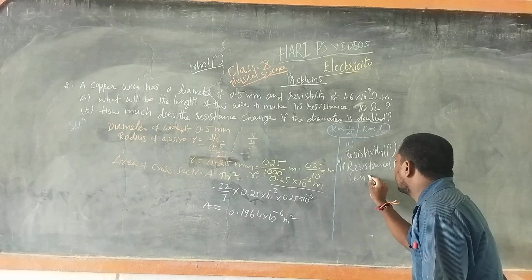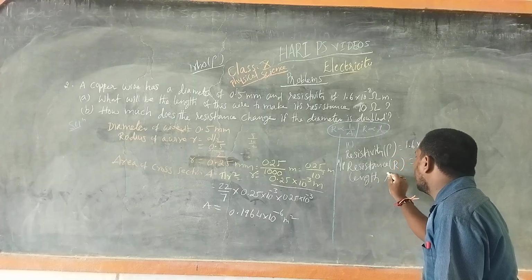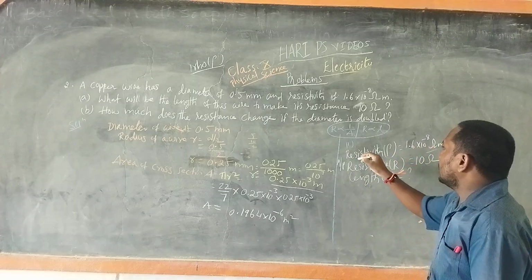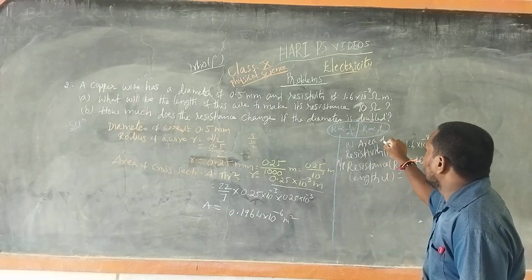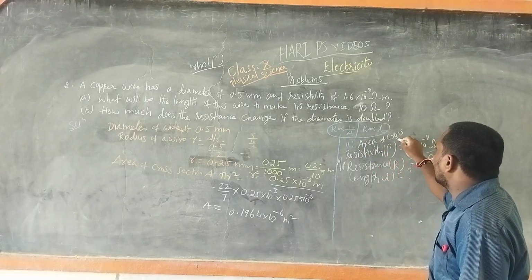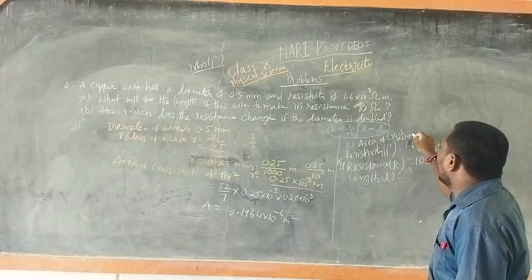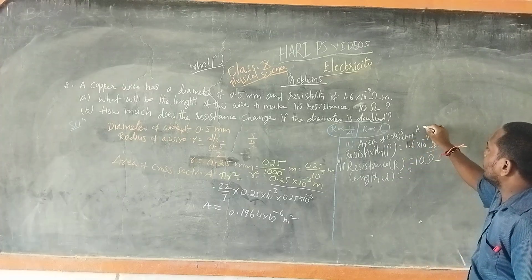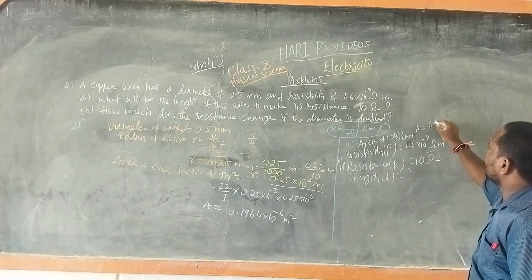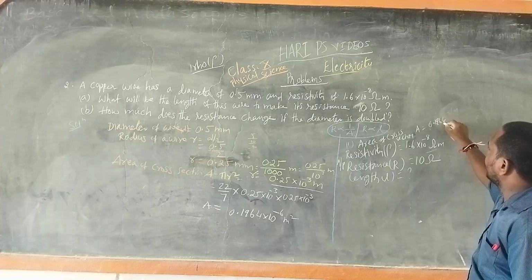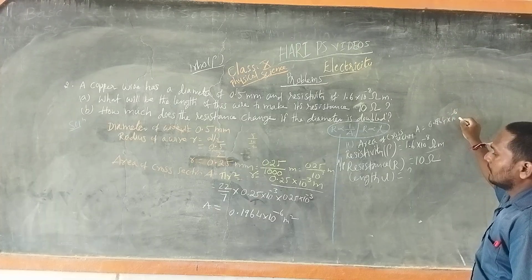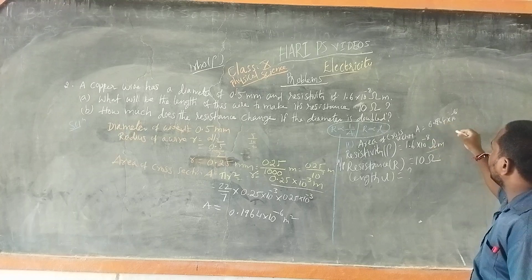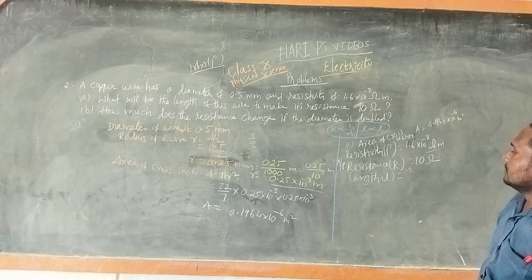Then what do we need to find? Length L. And we also know the area of cross section A is equal to 0.1964 into 10 power minus 6 meters square.